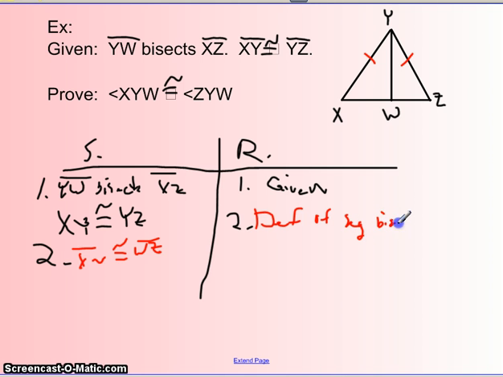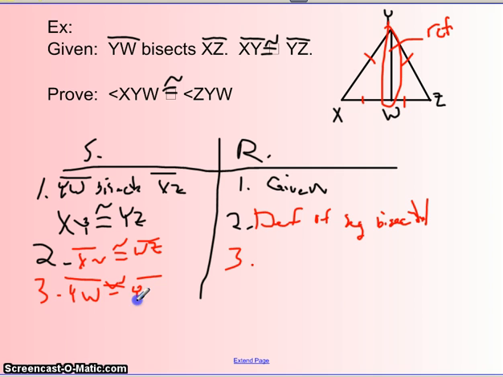So I'm going to go ahead and mark that now. Right there. Now, it looks to me like they share this common side, so we've practiced on this about 100 times. That's going to be the reflexive property, so that's going to be my step 3, that segment YW is congruent to segment YW. And like I say, that's the reflexive property of congruence.